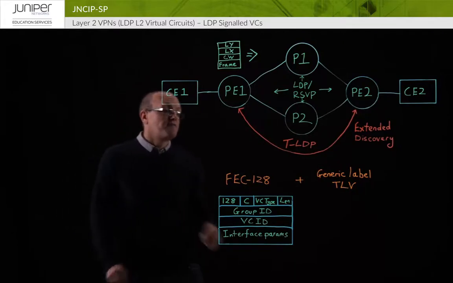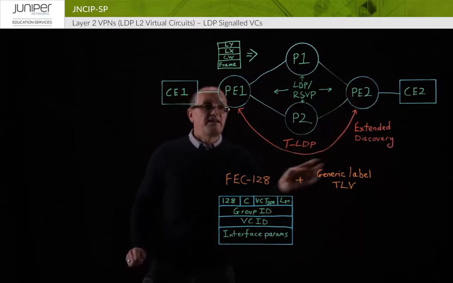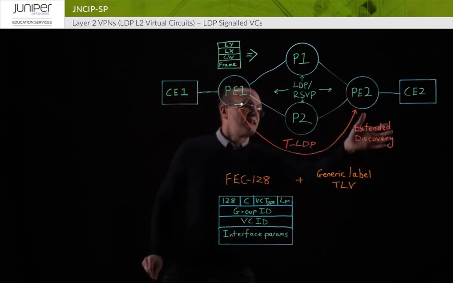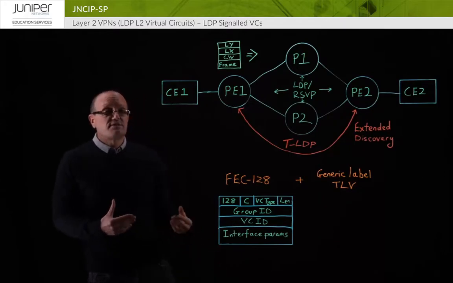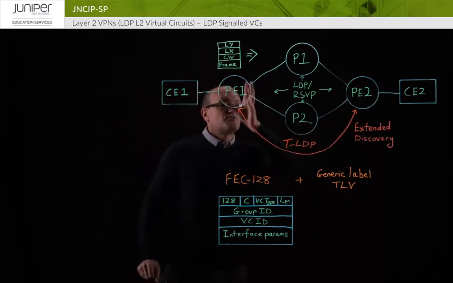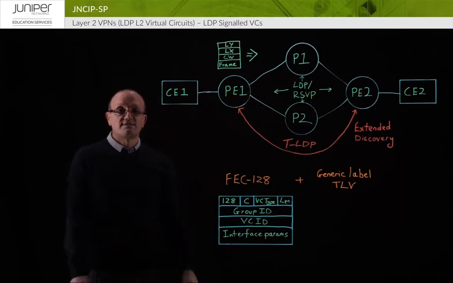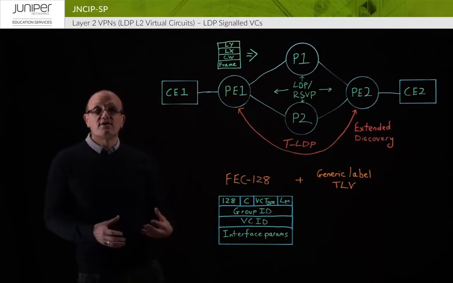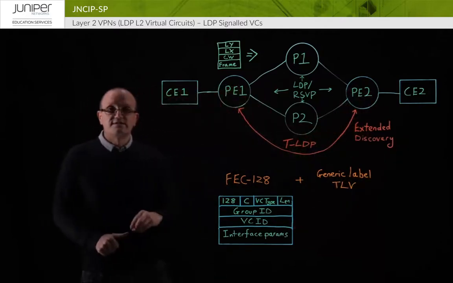Instead, we have targeted LDP. That's LDP that's been established using extended discovery. That is, we're immediately establishing connections between our PEs. We're not going through that multicast discovery phase. We're targeting our initial hello messages immediately at the desired PEs.